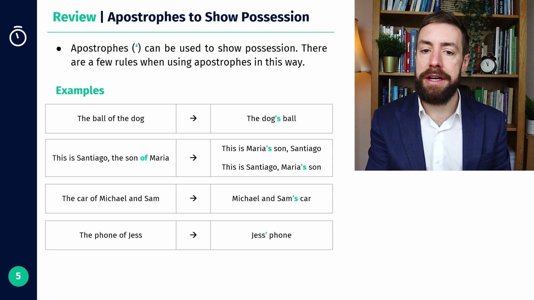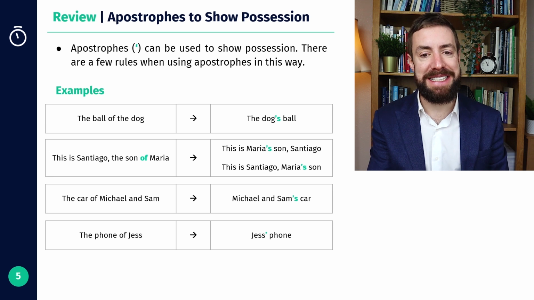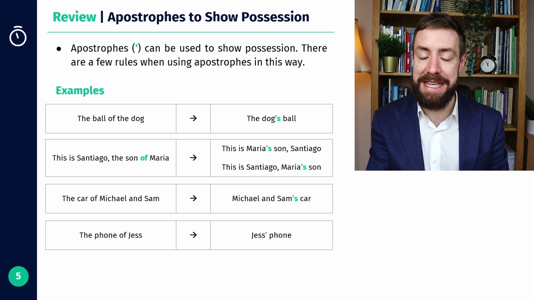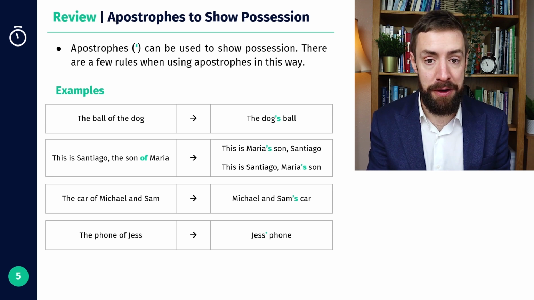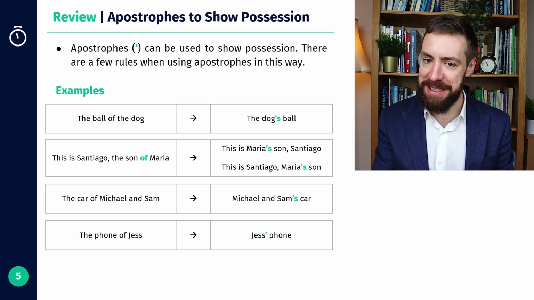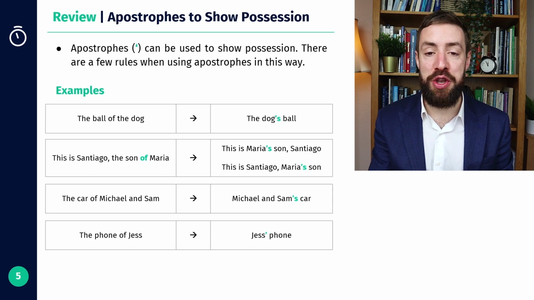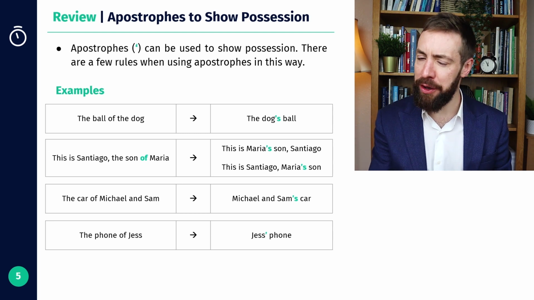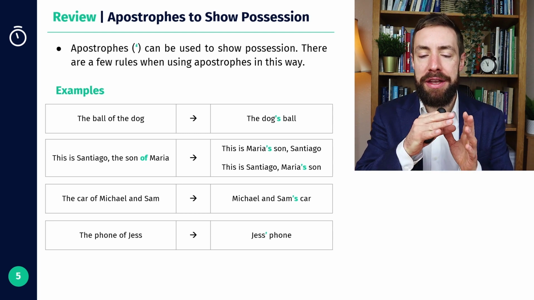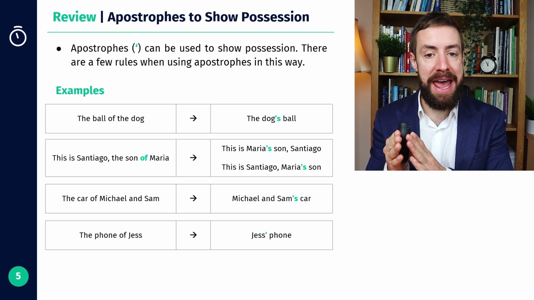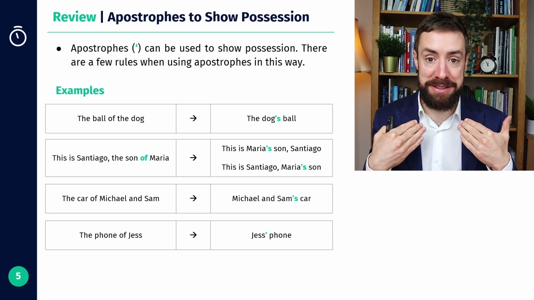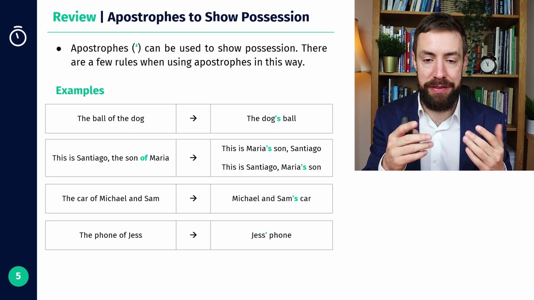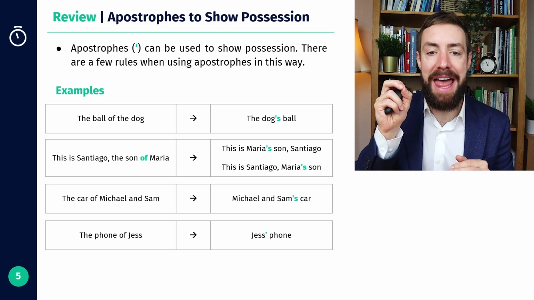Then the phone of Jess is Jess's phone. We say that one as Jess's phone. But what you'll notice is that there's no S after the apostrophe. Why not? Because that name ends in an S. Another example of that is my name, Francis. The last letters are C-I-S.